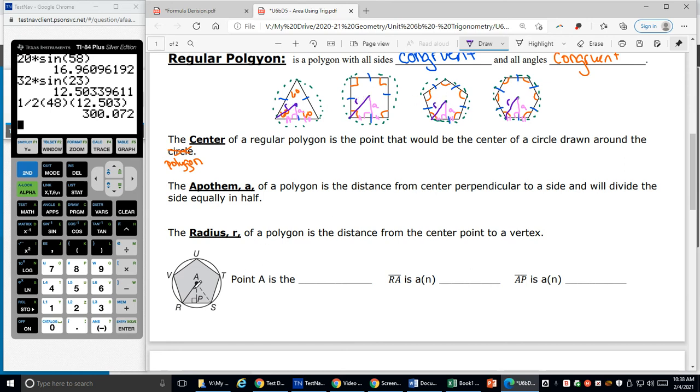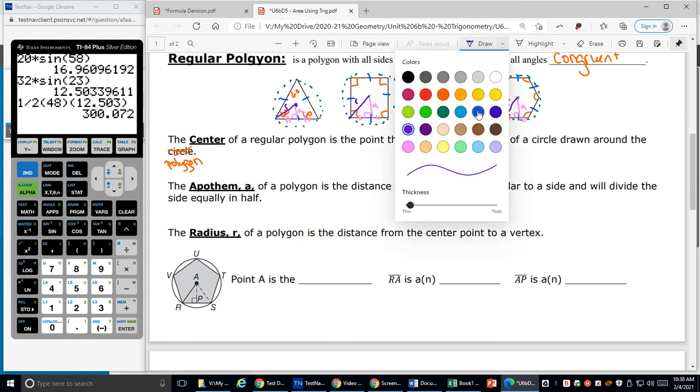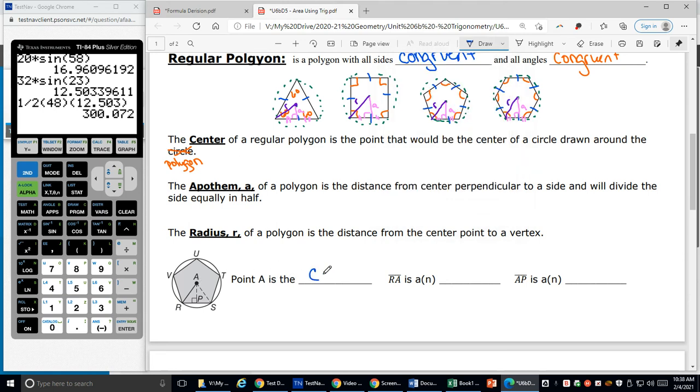Okay, so if I look at this pentagon down here, and I say point A is, we know, the center of that figure. Segment RA, from R to A, is a radius of that polygon.